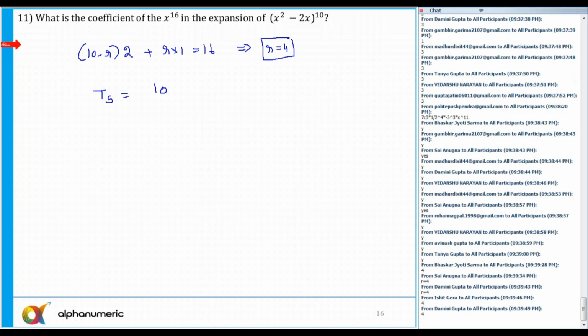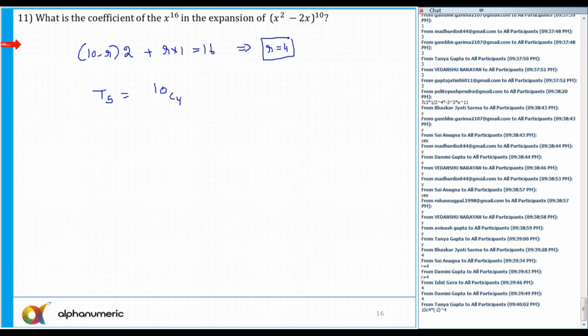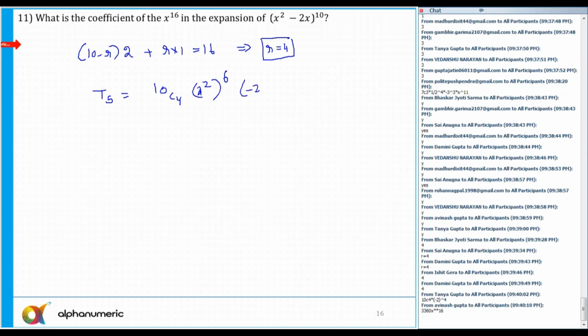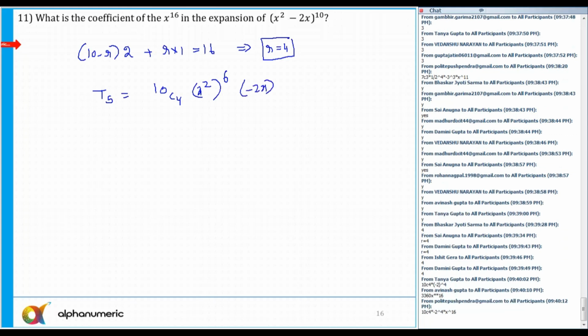And T5 is equal to 10C4 into x raised to power n minus R. So that is x square raised to power n minus R. That is 10 minus 4, which is equal to 6, into y raised to power R. That is minus 2x raised to power R. And what is R? That is 4.